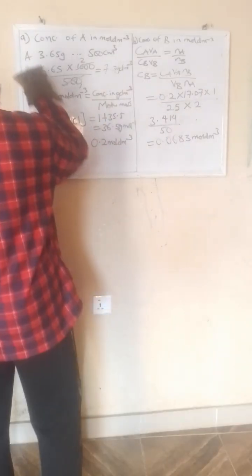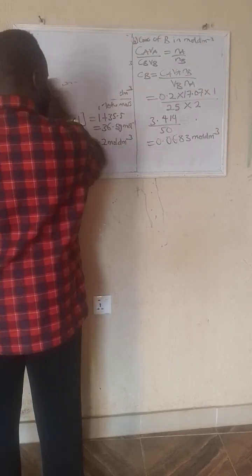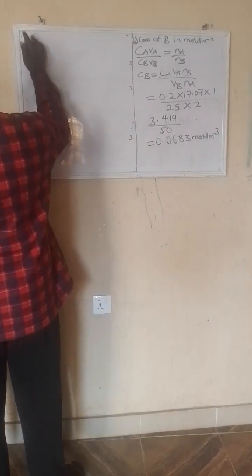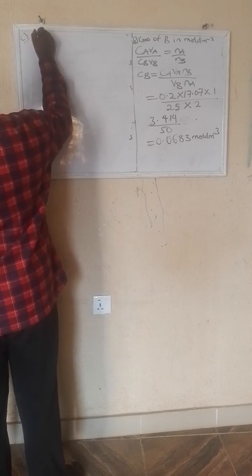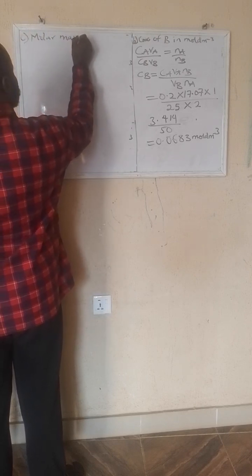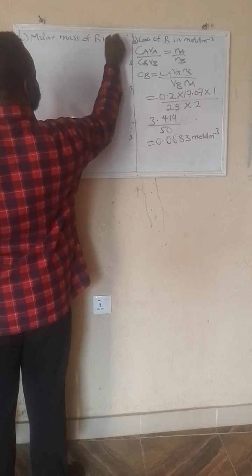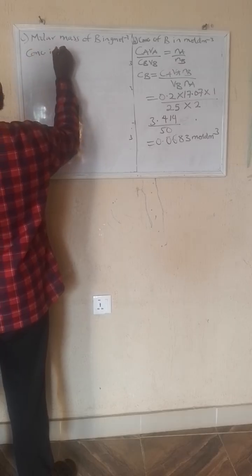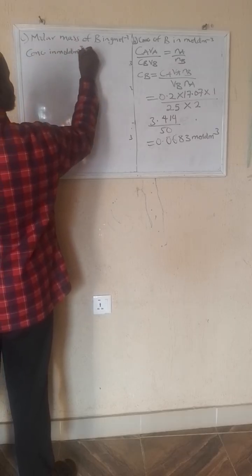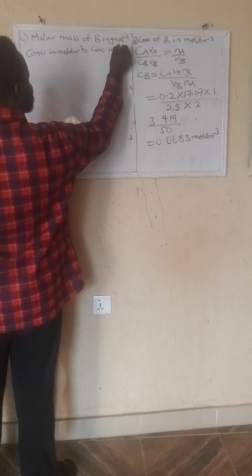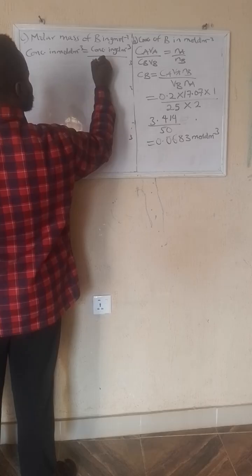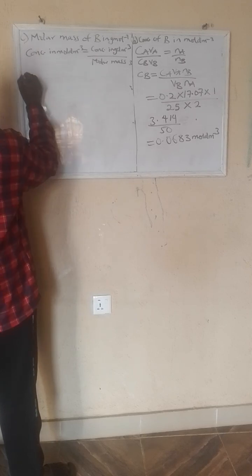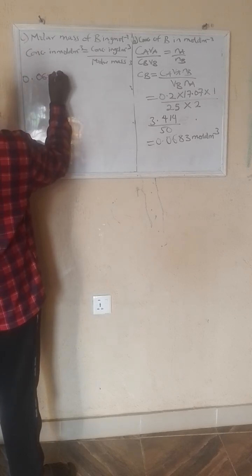I believe you are still following me. For the third calculation, we are to calculate the molar mass of B in gram per mole. I'll come back to this formula. Remember, concentration in mole per dm cube is equal to concentration in grams per dm cube over molar mass. The concentration of B is 0.0683 mole per dm cube.